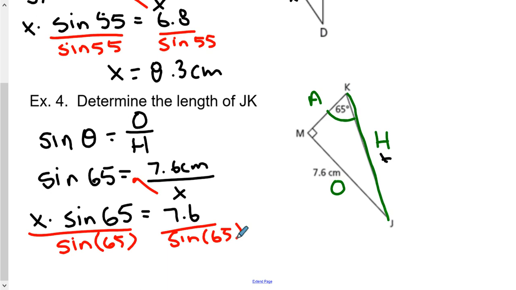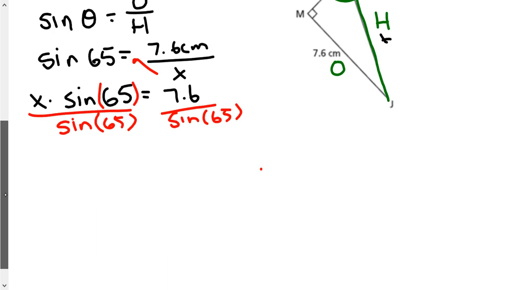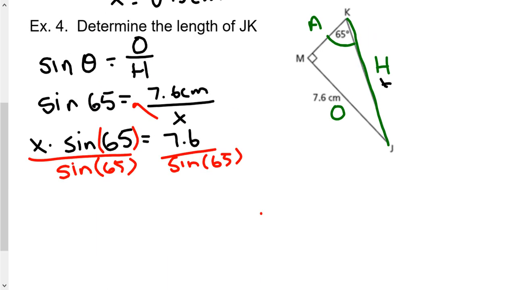It's not a coefficient, it's not being multiplied by anything. It's stuck inside that sine. These two things move as a unit. That number is not a traditional number we're used to. It's part of the sine function, just like you can't pull something out from inside a square root. So x is 7.6 over sine 65.